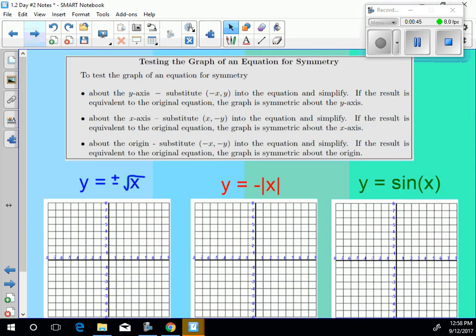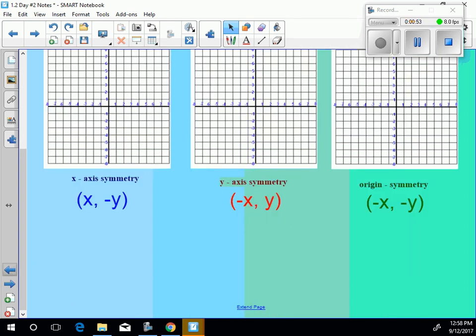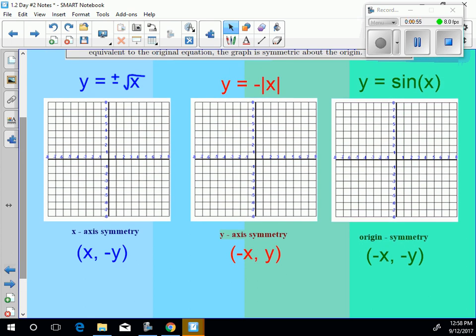Okay, let's talk about symmetry. Yesterday we talked about these 3 rules. If a graph has x-axis symmetry, we do this transformation.